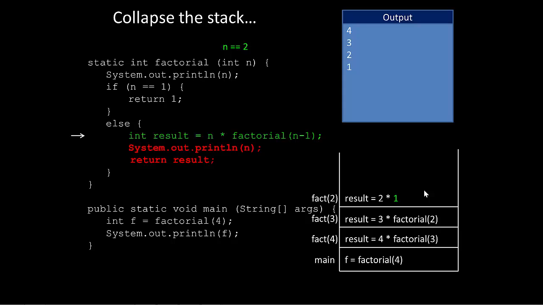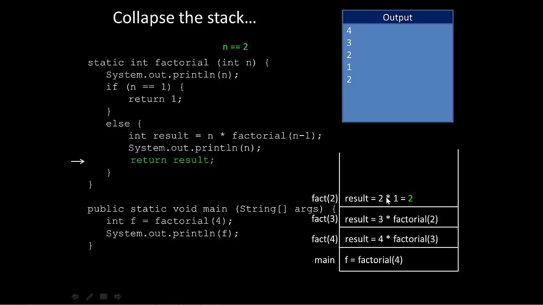Now, factorial of 1 is dead, and factorial of 2 is the one that's at the top of the stack, active. Notice that factorial of 2 had some pending work here. So what is it going to do? Well, it wants to come down here and do system.out.println, and remember its value of n is equal to 2, so you can see that a 2 has popped up on the screen. It too wants to return its result, so let's figure out what that was. Well, it's pretty simple math at this point.